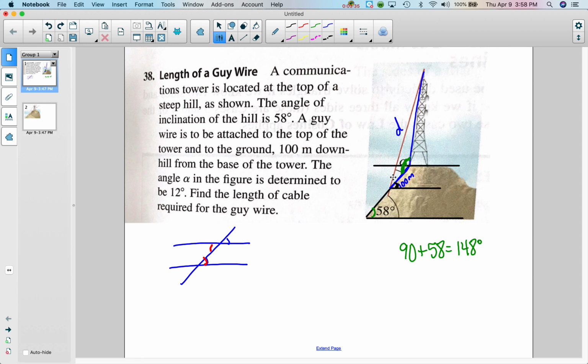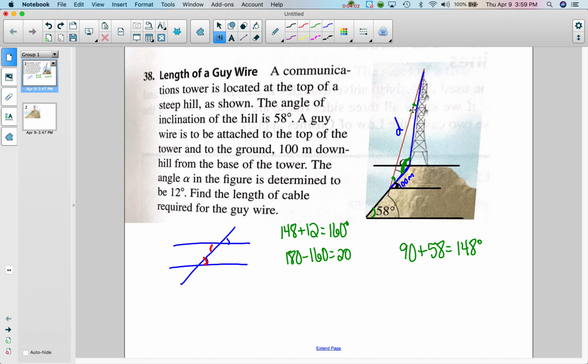So now I know this little angle right here, which is 12 degrees. And that means I can figure out this angle up here because the three angles have to add up to 180. So if you take 148 plus 12, you get 160, and 180 minus 160 is 20.